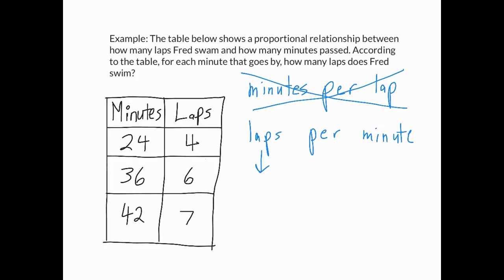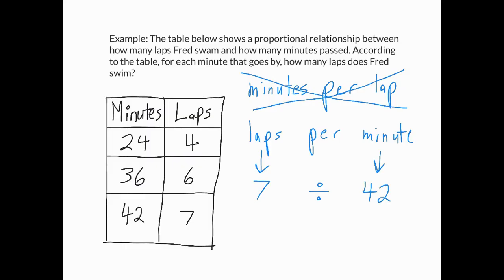So all we have to do is take the number of laps, which for the row I chose was 7, and divide that. Remember, to find a unit rate, just divide in the correct order. We're going to divide that by the number of minutes that passed, which was 42 from the row that I chose.